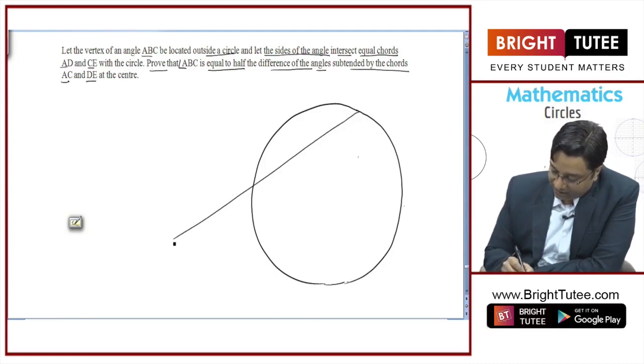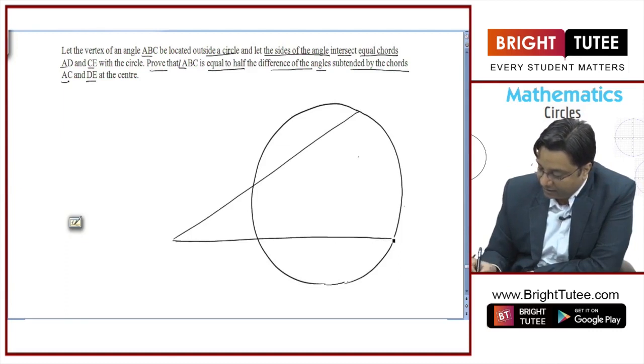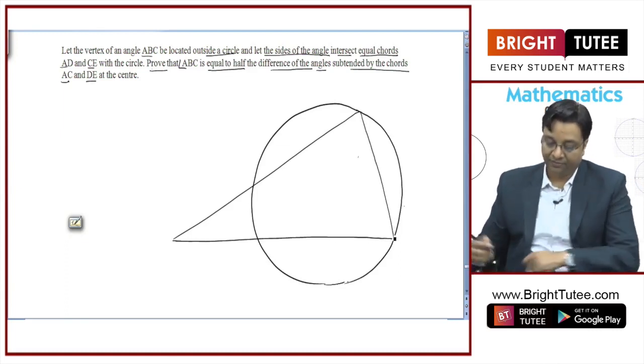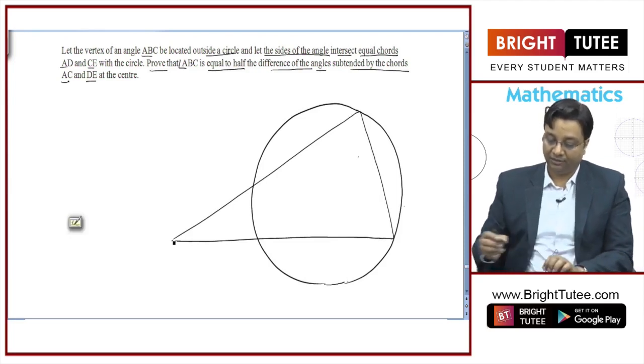There is this triangle, one of the vertices is outside the circle and there are two vertices which are on the circle.